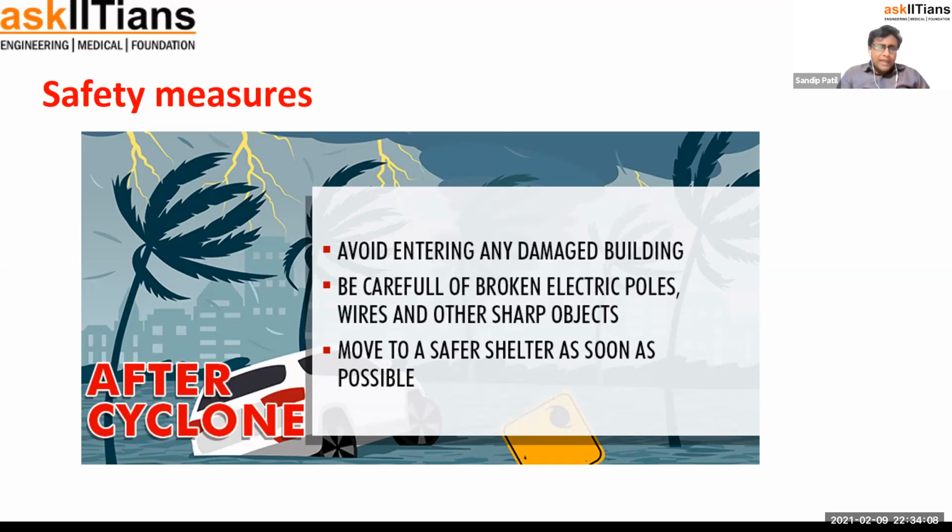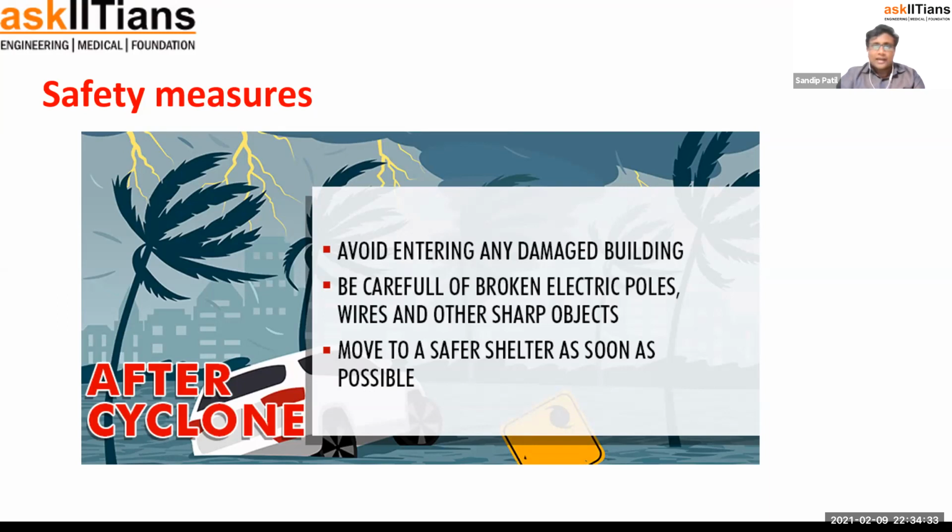Then be careful of broken electric poles, wires, and other sharp objects. As I said, wires are conductors. They are going to conduct electricity. So we have to keep away from them. Obviously, they will be broken after the cyclone hits. Then move to a safer shelter as soon as possible.